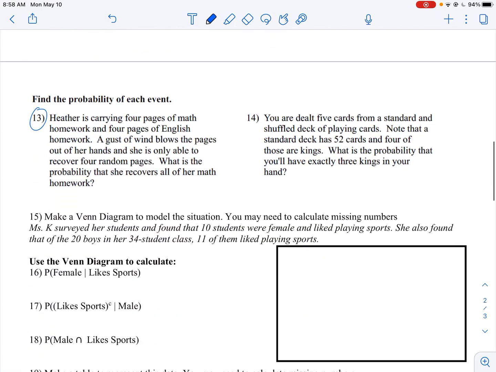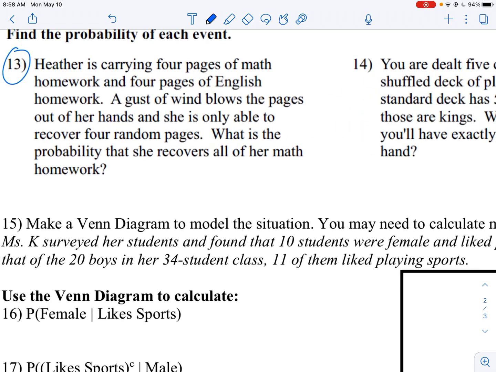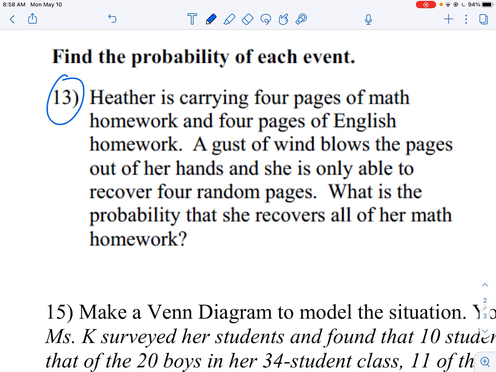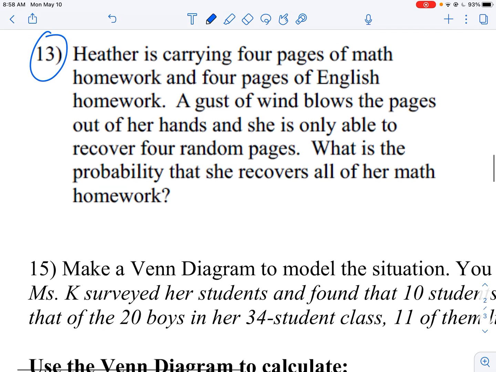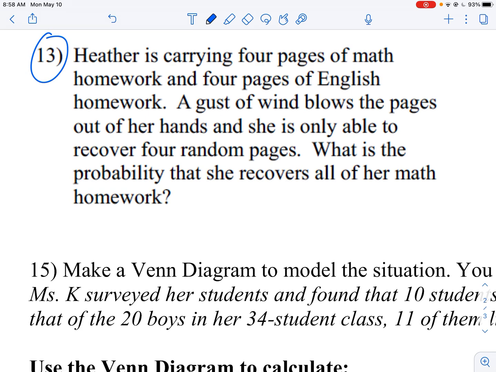All right, we're going to look at just 3 more here. This one has a student carrying pages of homework for math and English, and they blow all over the place, and she recovers 4 random ones. What's the probability she recovers all her math homework? This can be solved nicely with a permutation or combination. The order does not matter, so it's a combination problem. There are 4 that are math, and we want to choose all 4 of them. On the bottom, there are 8 pages possible, and we're picking 4 of them.